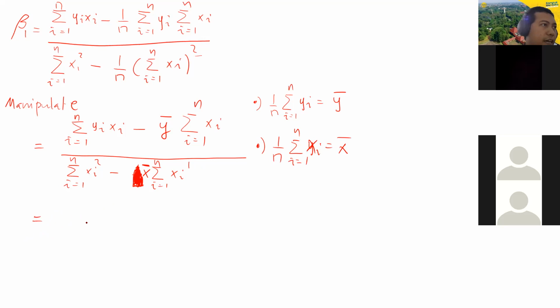And we realized that this one is a function of x. You can see here this is the x, this is the x, this is the x, and this is the x.